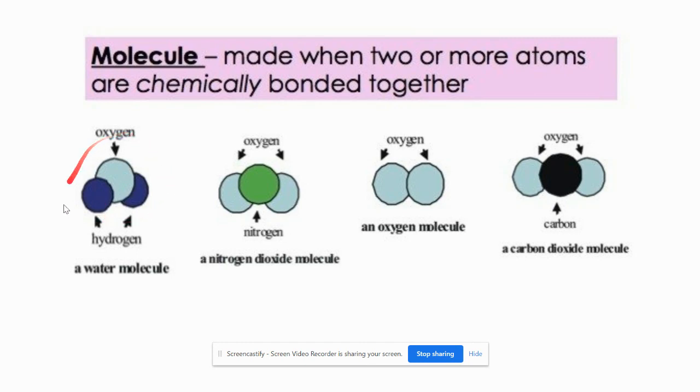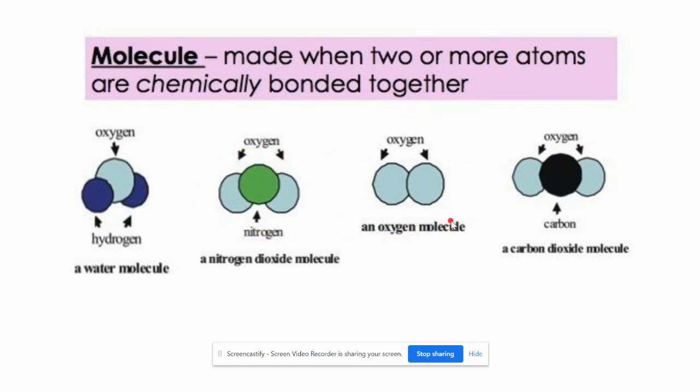So this is a compound, and this is a molecule because it has 3 atoms attached to each other, but there are 2 elements. Okay, 2 or more elements in here. So this is a compound.